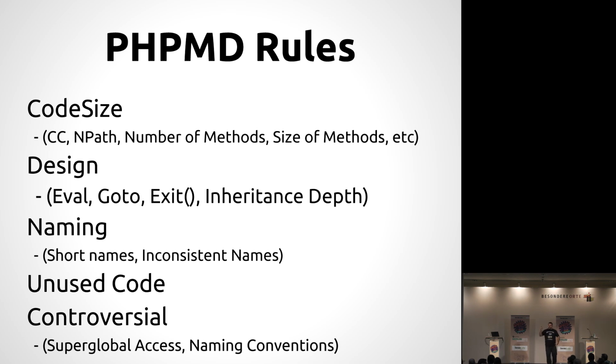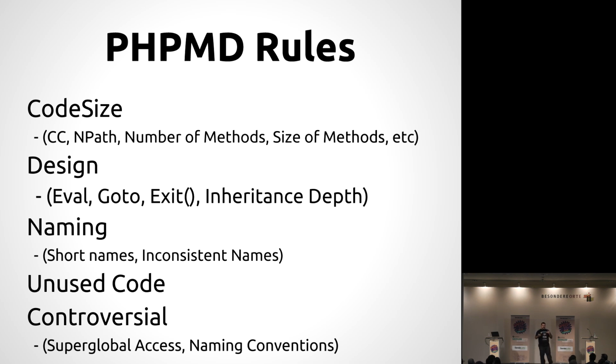So we can say, I don't want GoTo to be used anywhere in my code base. PHPMD will go through your entire code base and find instances of GoTo and do two things. One, it'll log it and give you an XML file of all the violations. But number two, it will return an error code on the command line.